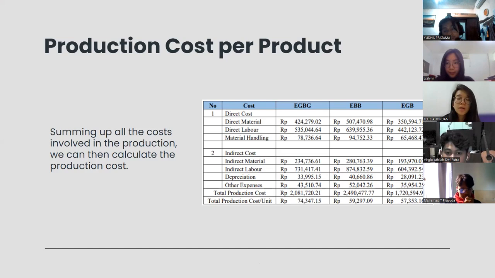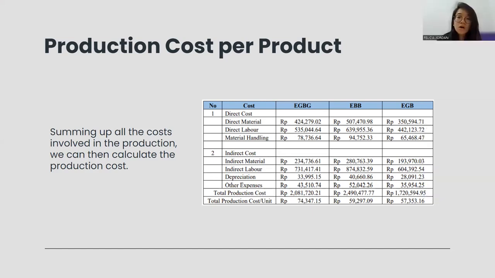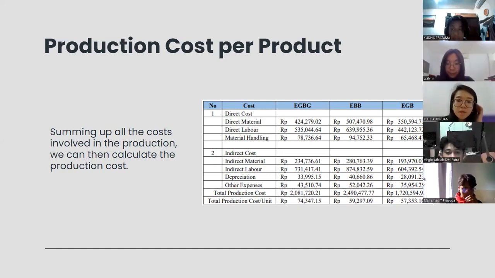As mentioned previously by my friend, from the labor costs, machine costs, investment, other expenses, the depreciation costs, and all of the costs that we have mentioned earlier, we take all of those into account to calculate the production cost per product. As you can see here, from number 1 to number 2, there are the direct cost, material cost, labor cost, material handling, indirect cost, depreciation, and other expenses.